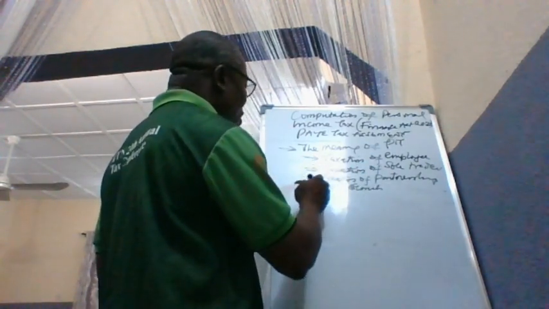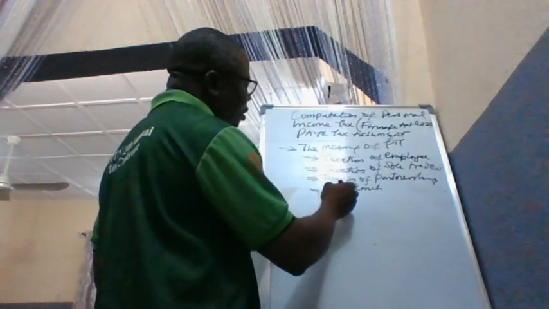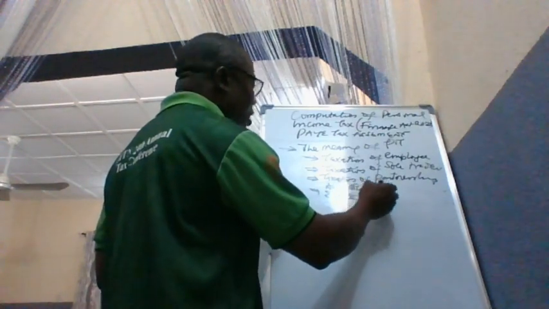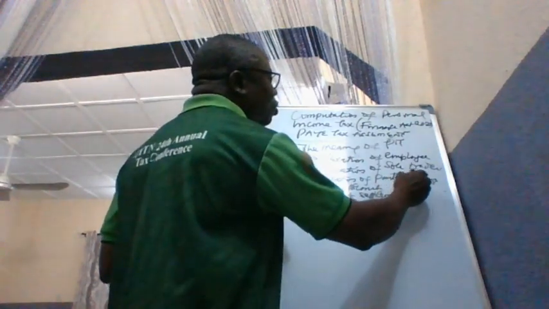Number four, it includes estate, settlement and trusts.